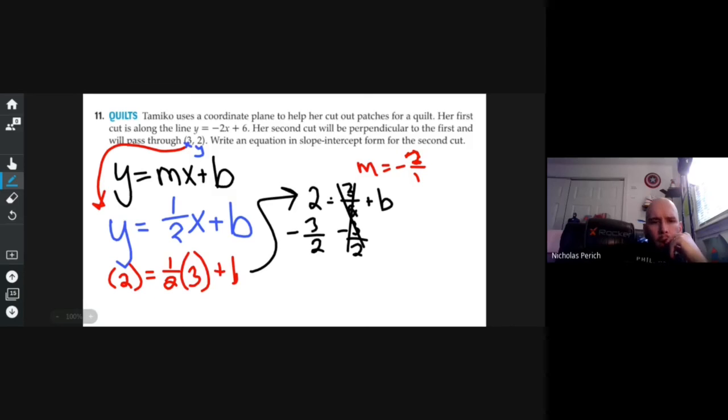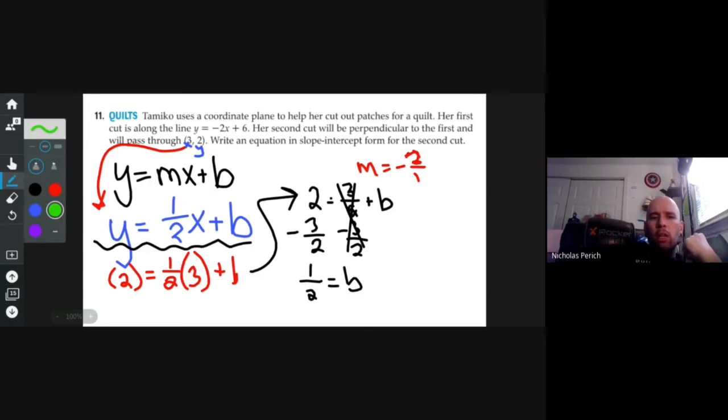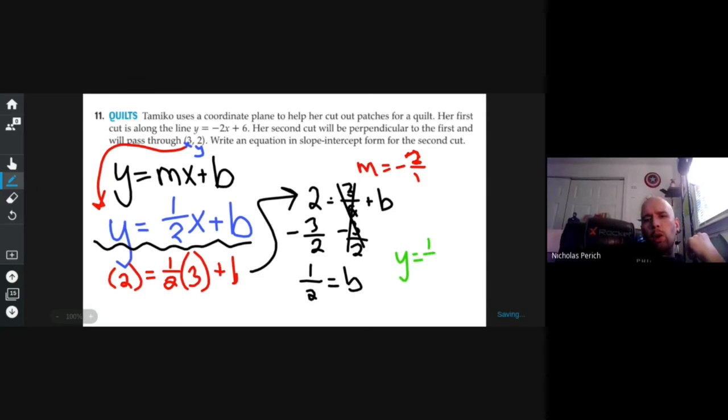And b is going to equal what? If I take 2 and 3 halves away, 2 minus 3 halves is going to be 1/2. So b is a half. So I'm going to take what I have here and replace that b with a half. And what I get for a final answer is y equals 1/2 x plus 1/2.